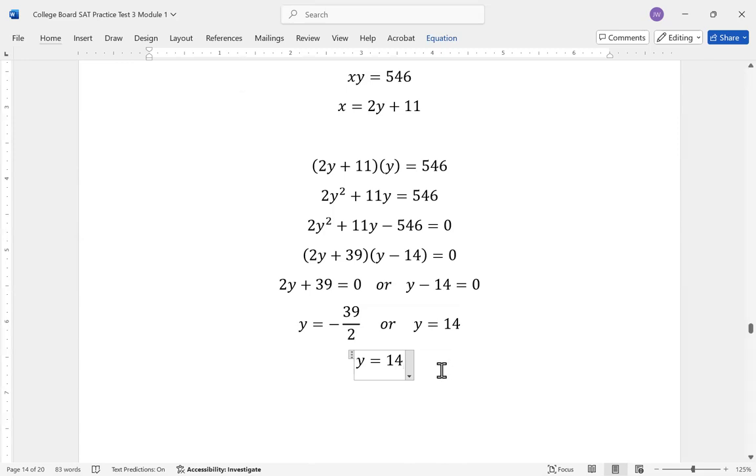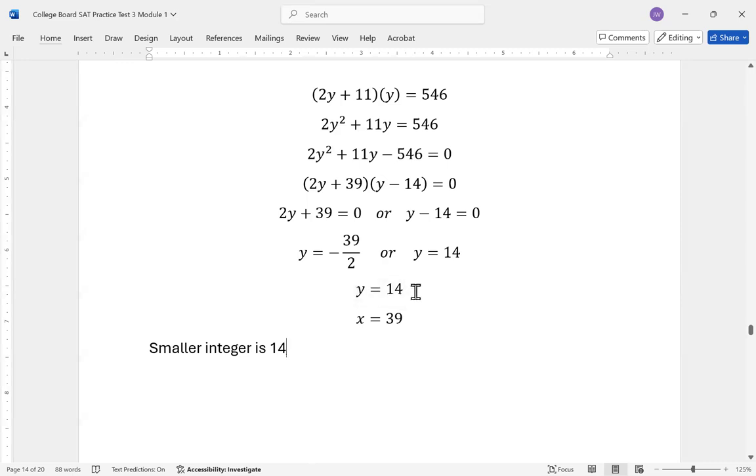Now, if y is equal to 14, take 2 times 14 plus 11. That would tell me that x is equal to 2 times 14 plus 11, which is 28 plus 11, which is 39. The smaller of those two is the 14.